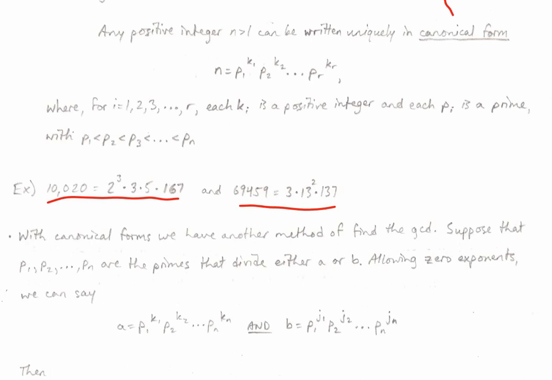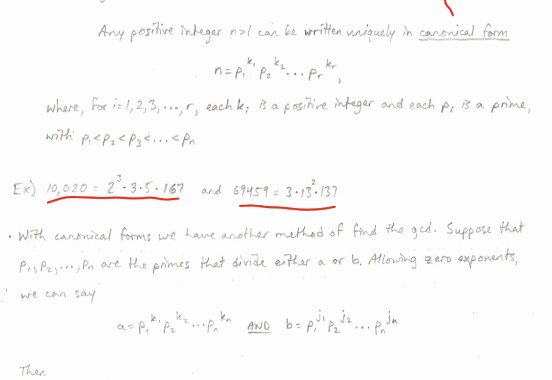And between these two numbers, A and B, each of these primes divides at least one of A or B. And for this one particular usage of it, we do allow exponents to be 0 in the case that a prime shows up in the canonical form of one number, but not the other.